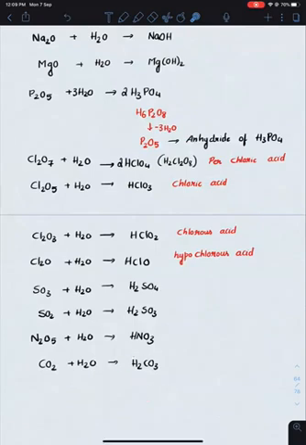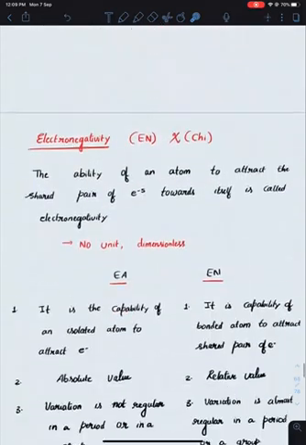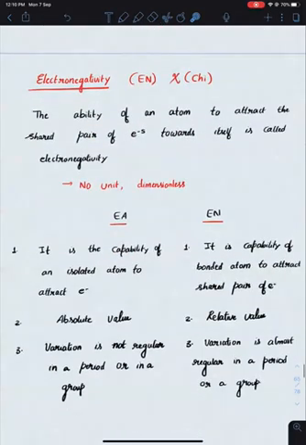Then we have seen electronegativity. You need to understand the difference between electronegativity and electron affinity. Both of them tell us about the influence of the nucleus on the electron. But electron affinity is the property of the isolated atom. Electronegativity is the property of the bonded atom.